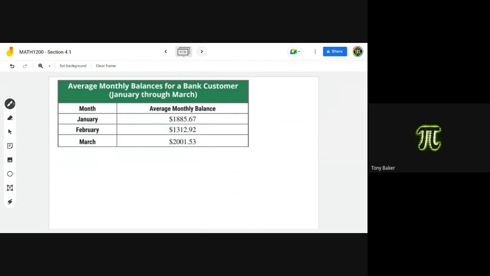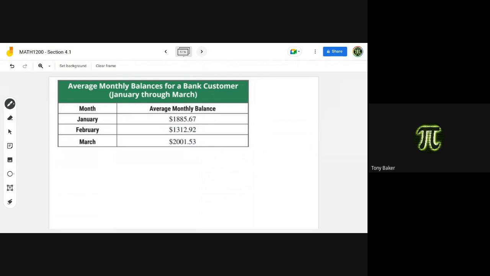So if you look at your statement, it tells you your average balance. They take your balance and they divide it by how many days you had. So the average balance over the course of that month was $1,885.67. But there's 31 days in January.